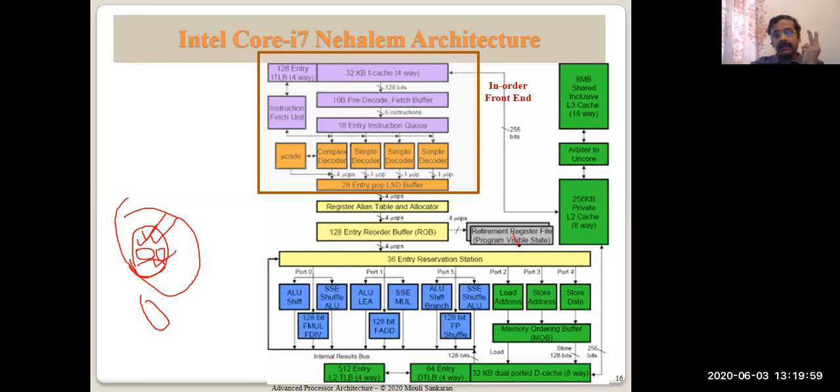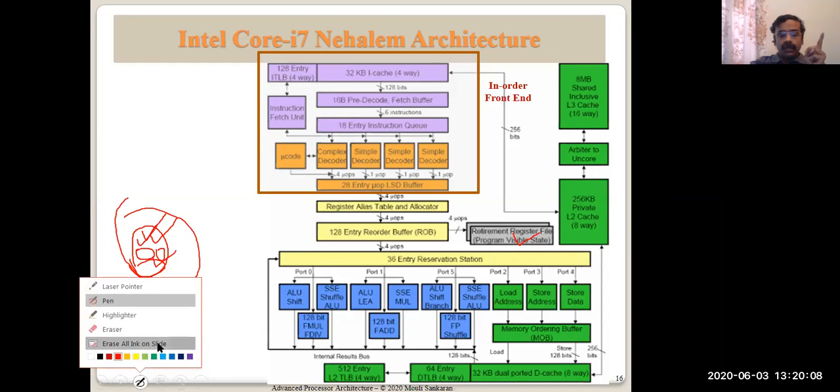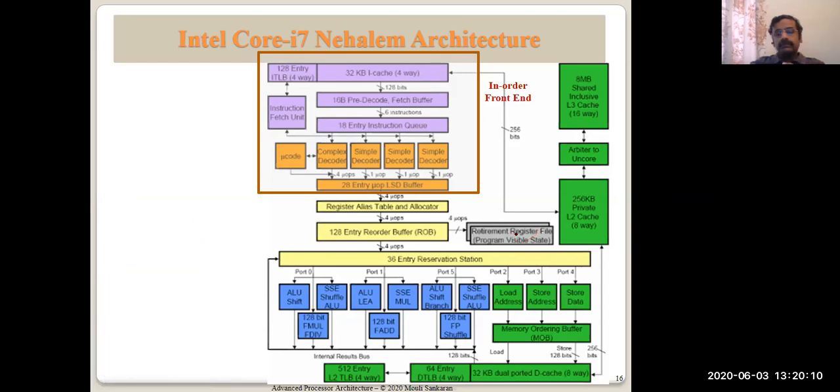Where is it? Here. There are two things shown which are program visible state. So if a particular thread gets context switched, only this content will be saved. None of this will be saved.